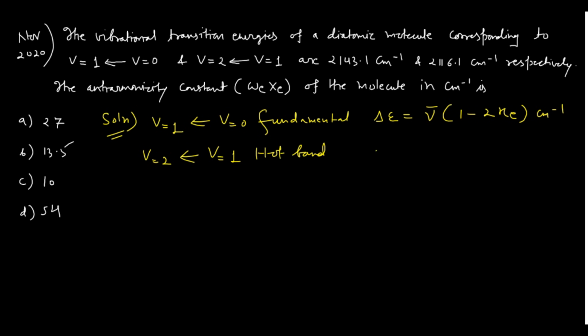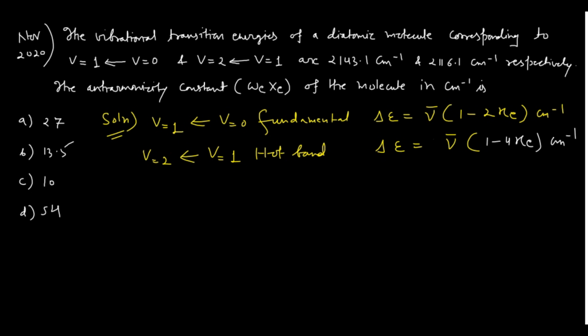So for this, delta epsilon equals nu bar, not 2 actually. In that case, we cannot put 2 here, I think. Not 2, nu bar only. 2 is actually the type of the overtone, and you can write 1 minus 4 xe. It is in centimeter inverse.